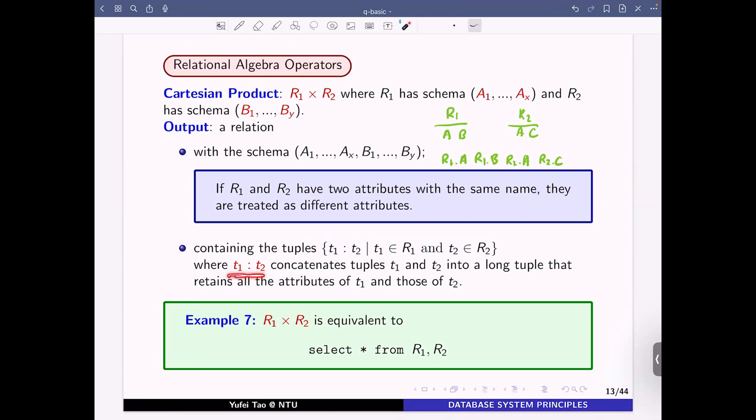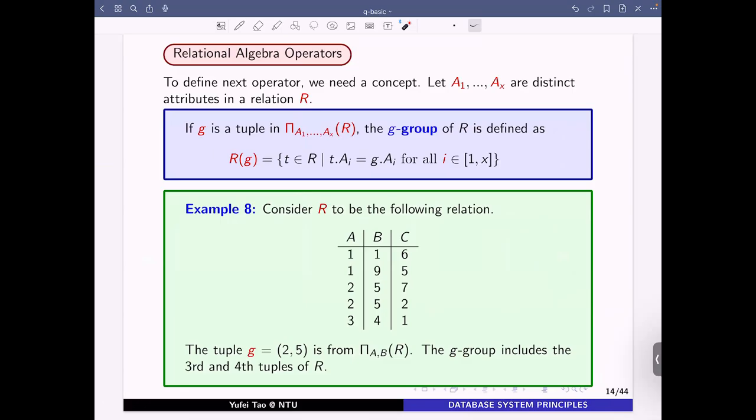Concatenation is usually represented using this symbol here. I hope you got the idea. This is the SQL equivalent: if you say select star from R1, R2, you get the Cartesian product.